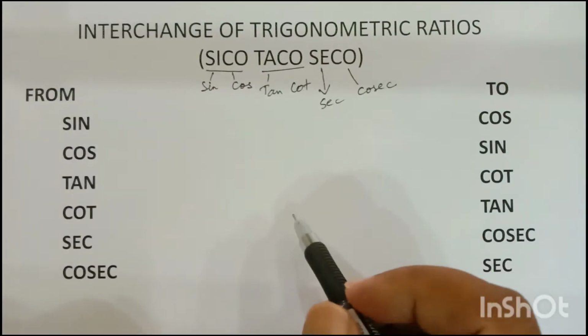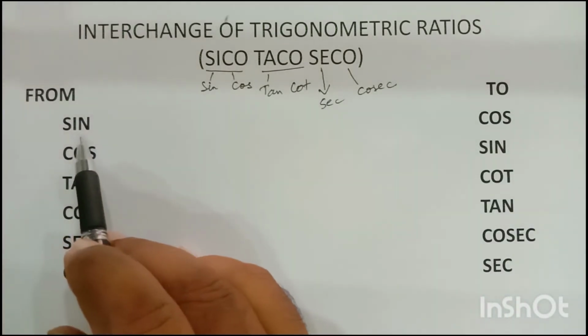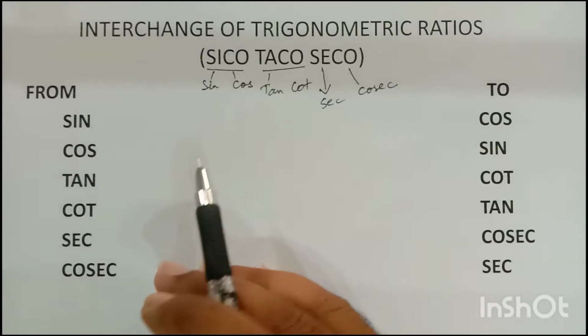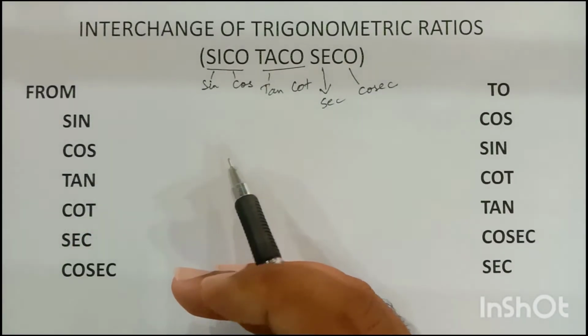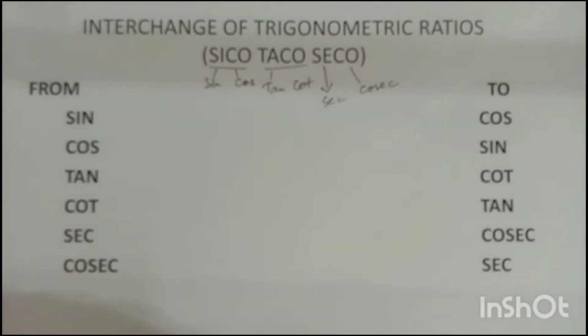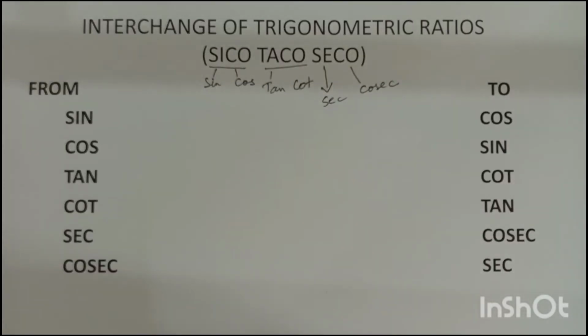So when we write 90 plus or minus, 270 plus or minus, then our ratio changes. Sine changes to cos, cos to sine, tan to cot, cot to tan, sec to cosec, and cosec to sec. So our trick is sine cos, tan cot, sec cosec.